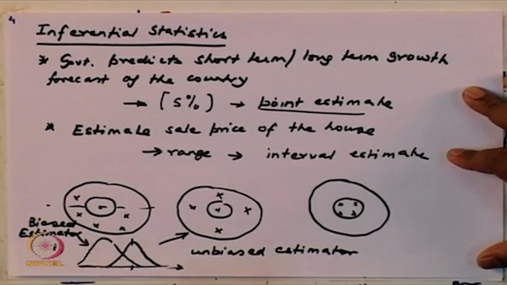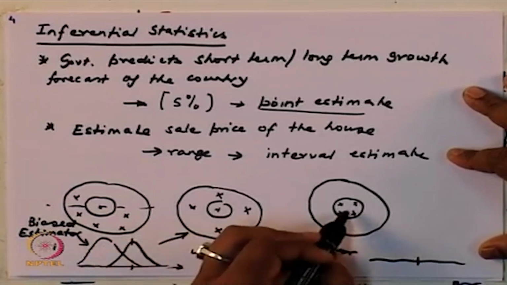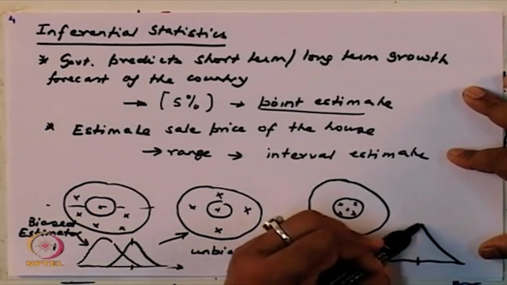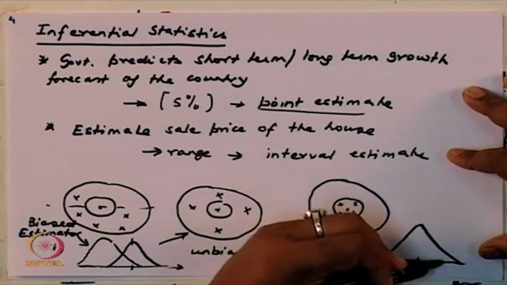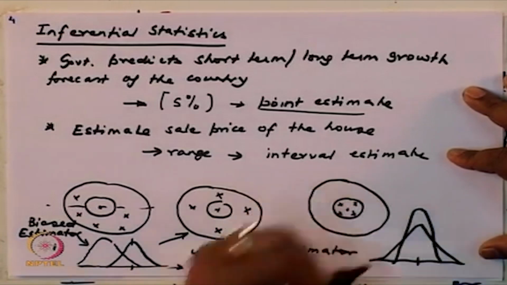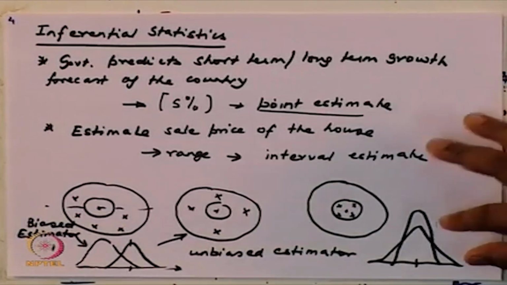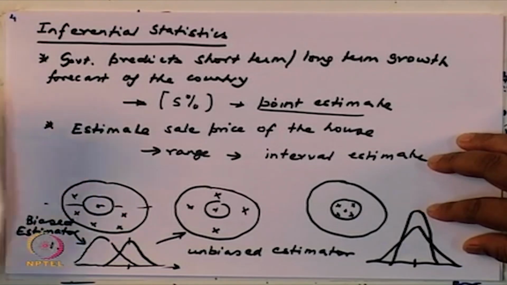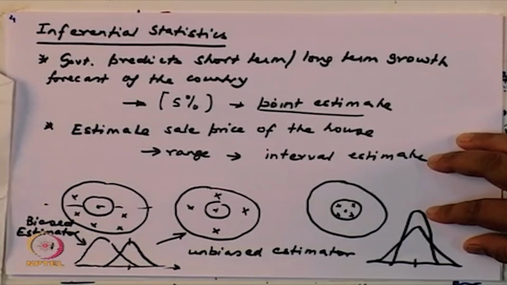Also, to compare between these two, for both of them the true value is this. One has this as the representation and the other one has this as the representation. You can clearly see that in this case it is better, because the variance of this estimate is lesser.